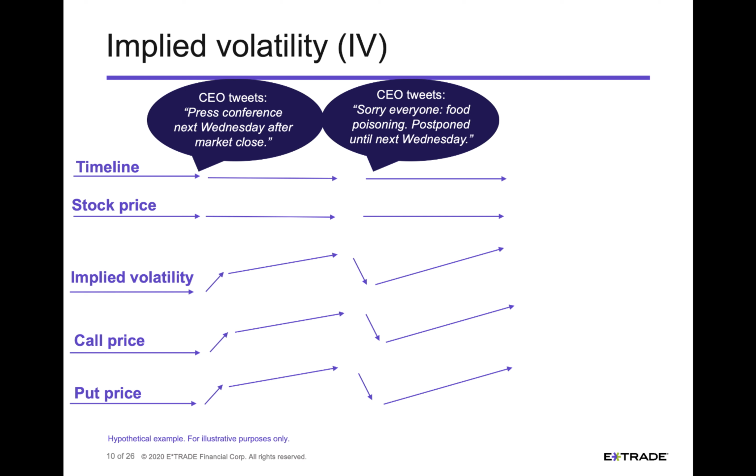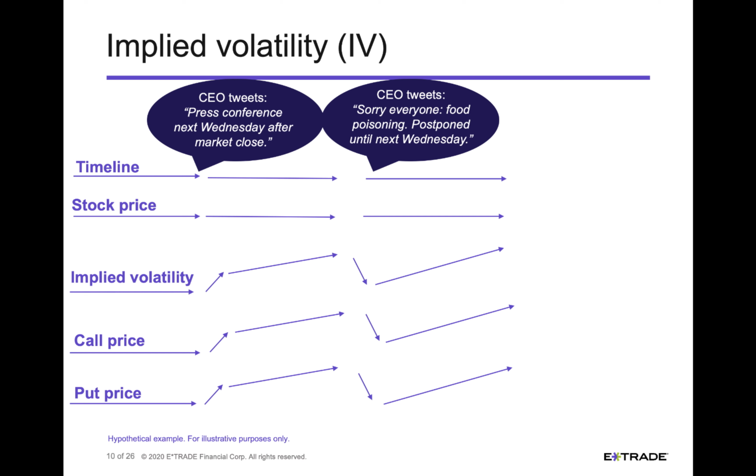The implied volatility, however, drops because now the people that bought the option that expires Friday, anticipating that would encapsulate Wednesday's press conference, right? The implied volatility vanishes. This is called a vol crush, by the way. The implied volatility vanishes, which drives the call prices down and the put prices down.